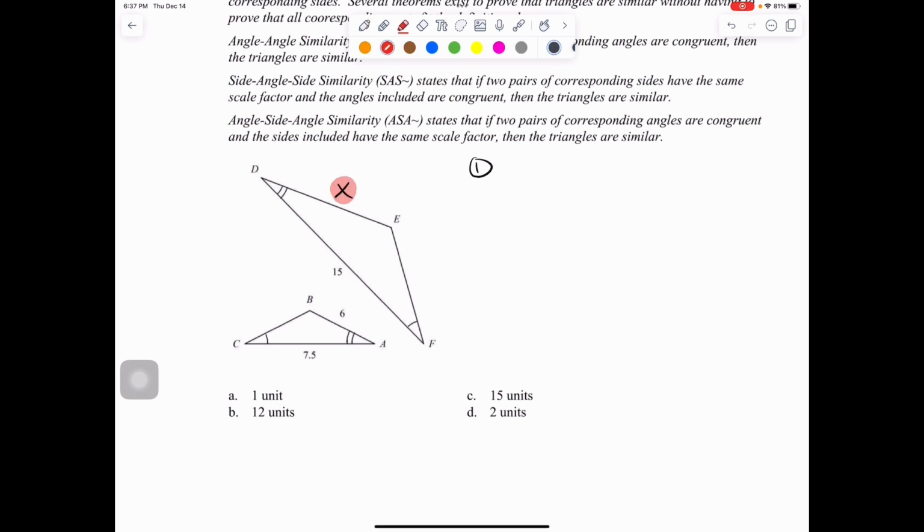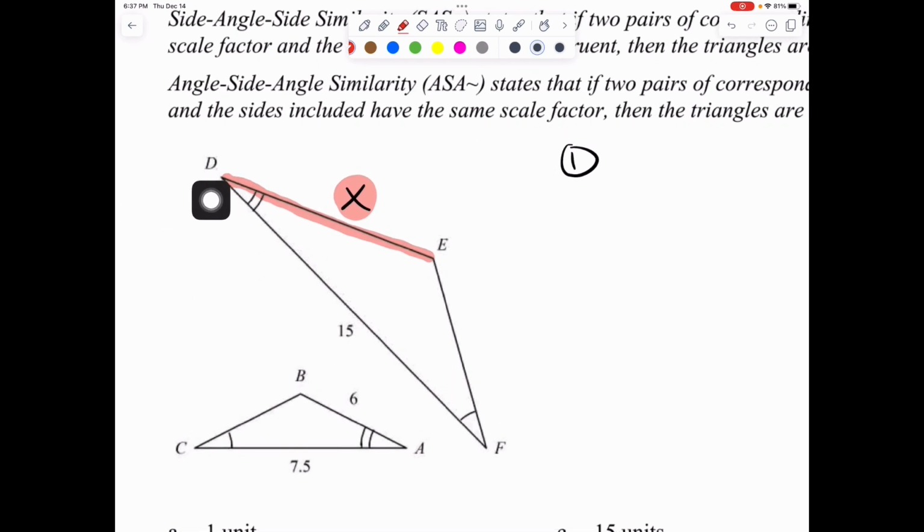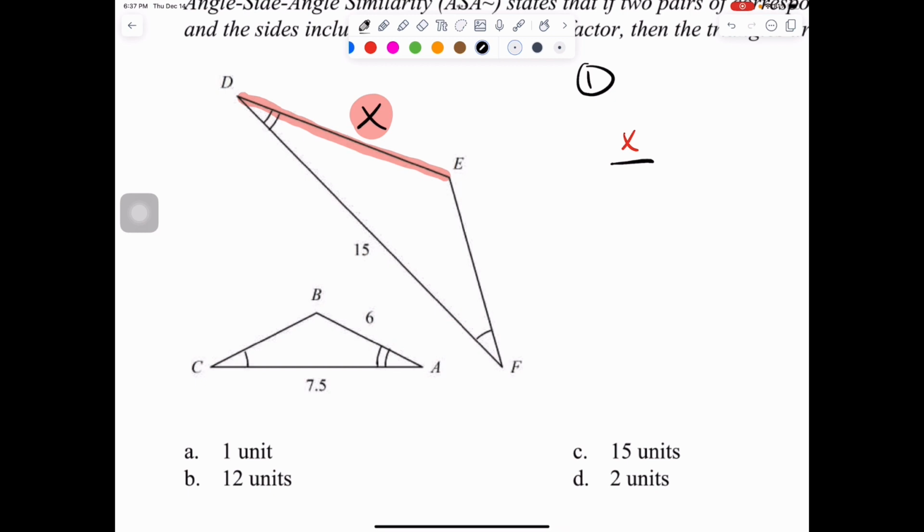Now, let me get my other highlighter out. DE goes from 2 arches. If we look inside of angle D, or that corner right there, we have 1 arch and 2 arches, and that goes to 0. I'm also going to begin to set up the proportion of X over the corresponding side.